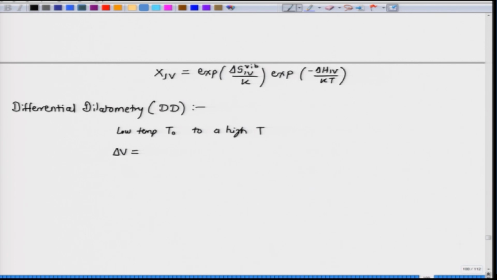So, let us denote the volumes at T0 and T by V0 and V. The lattice parameter at T0 and T are denoted by a0 and a.